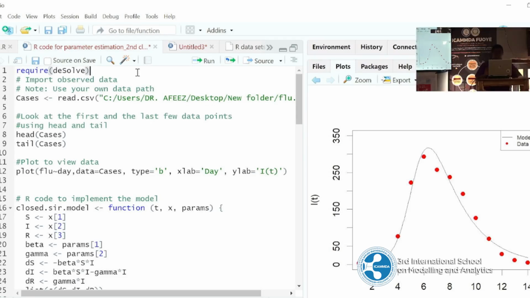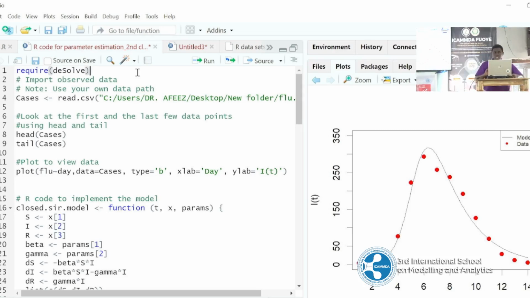All right. So I will go through the codes to highlight the steps involved in parameter estimation, but I am using LSE. The first thing to do is to load the required package, which in our case is what? deSolve, right?